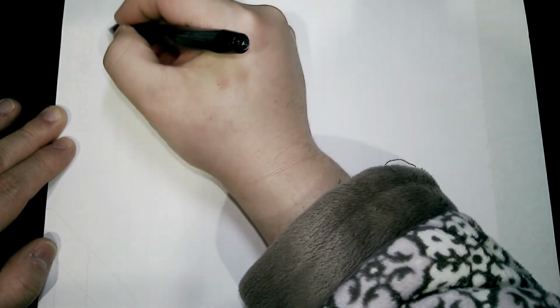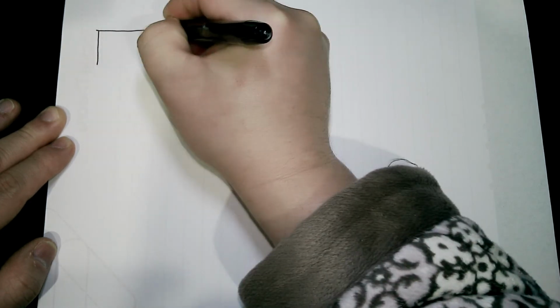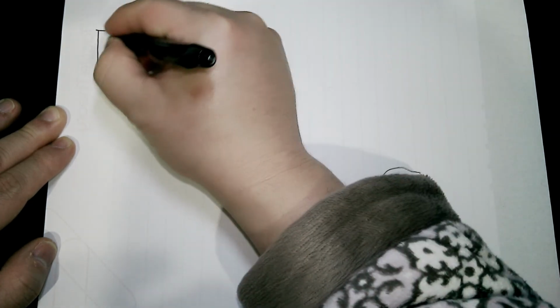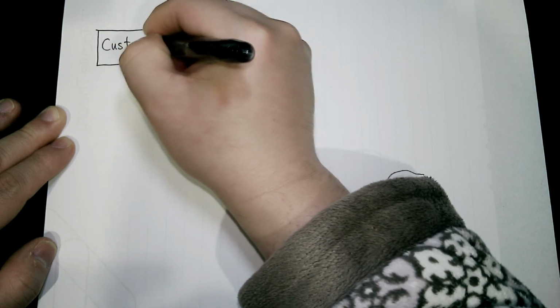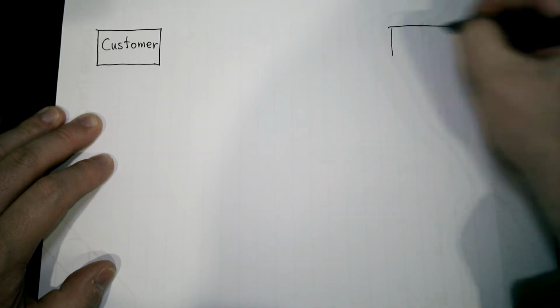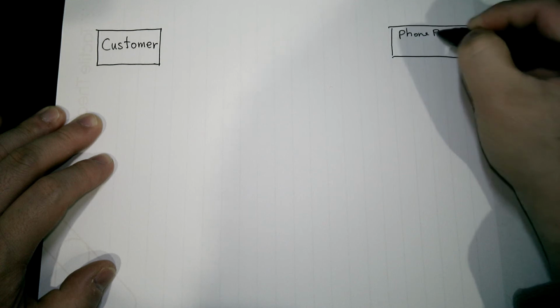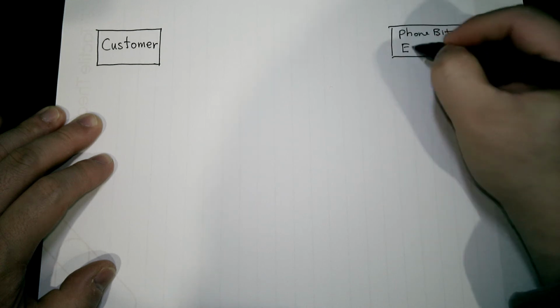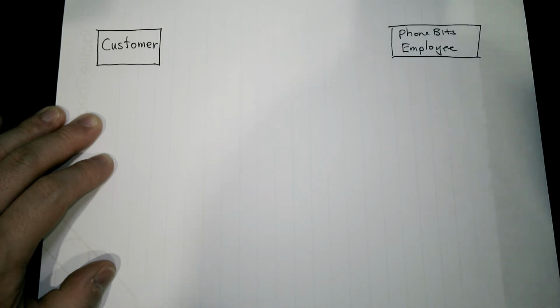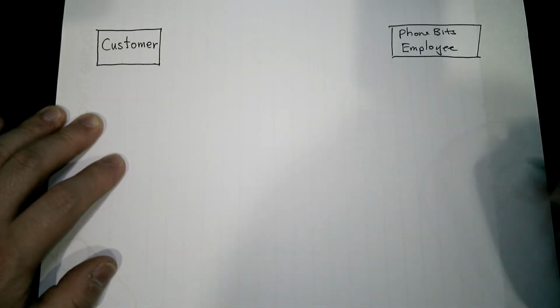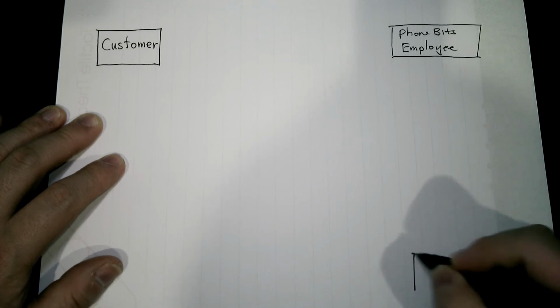Okay, let's look at this one. First thing I'm going to do is lay out all my external entities using rectangles. So I have my customer, right? And I have the PhoneBits employee, and later on I need to deal with the supplier, so I put it here.